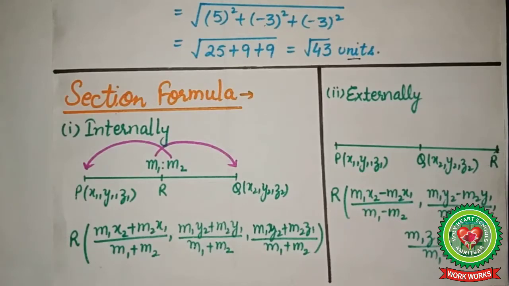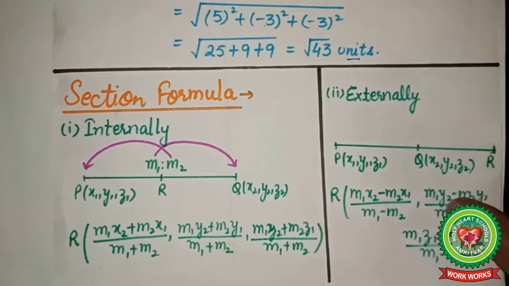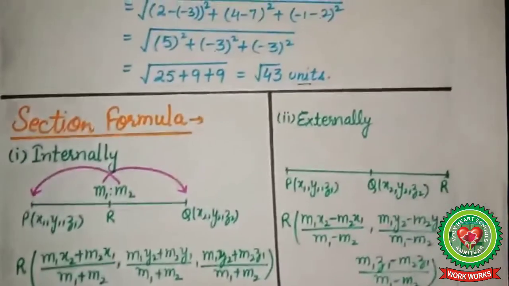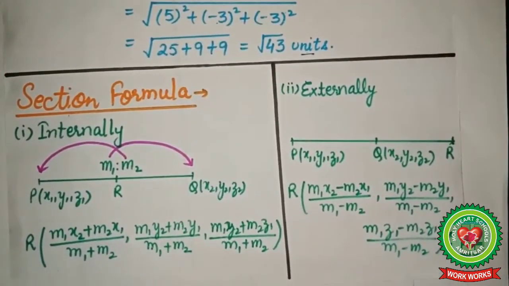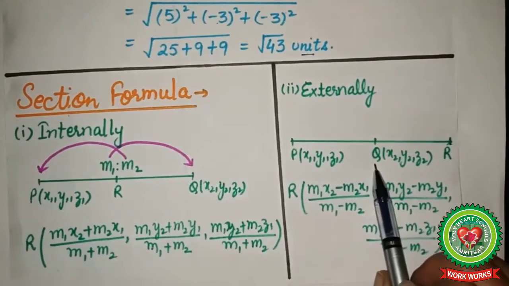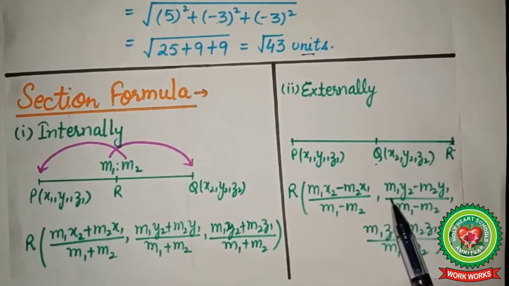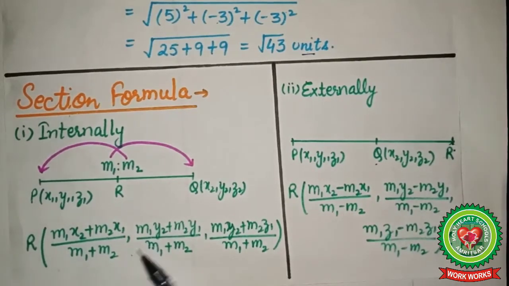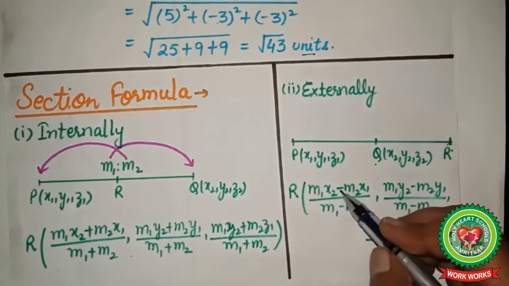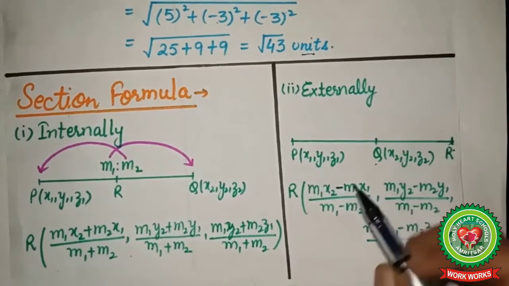Now second type of division is there when the point of division lies outside the given points. Like this, it is called external division. Now here P and Q are the given points and R lies outside these 2 points. So here formula will be little changed, same as the internally, but we have to put the minus sign here.